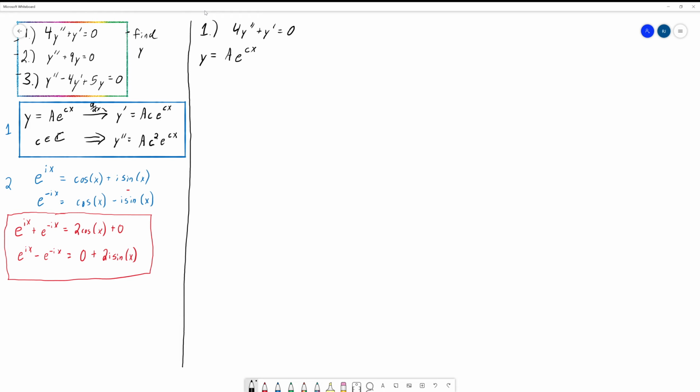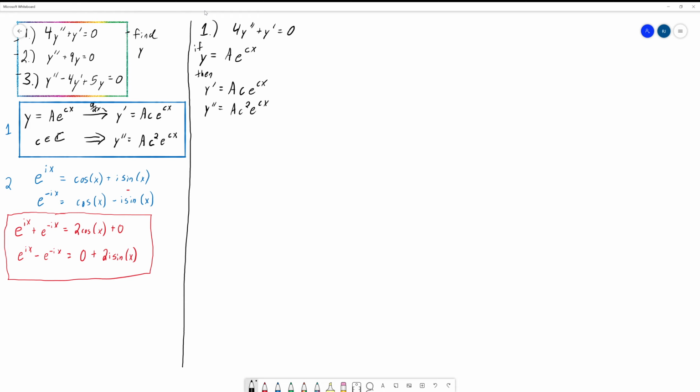And this would mean then we'd have y prime is going to be the derivative of this, so we bring down a c, so ac e to the cx, and y double prime is going to be ac squared e to the cx.